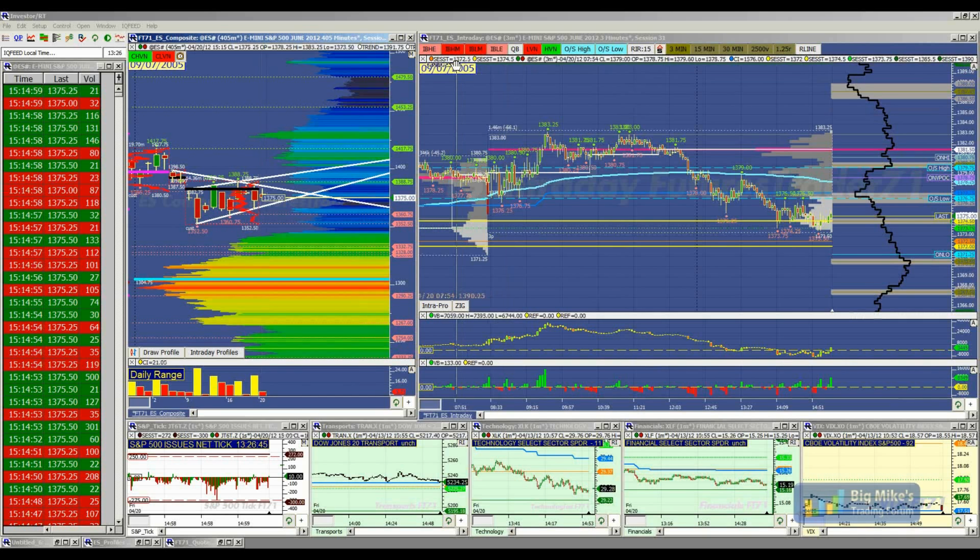So this is my main S&P mini screen. I start the day by doing what I call macro to micro. I basically start my homework by looking at the trading calendar. I receive a trading calendar that I pay for that covers pretty much everything under the sun, probably too much information.